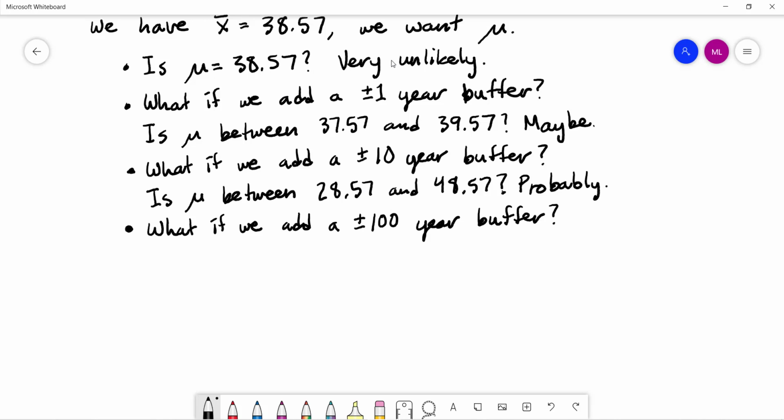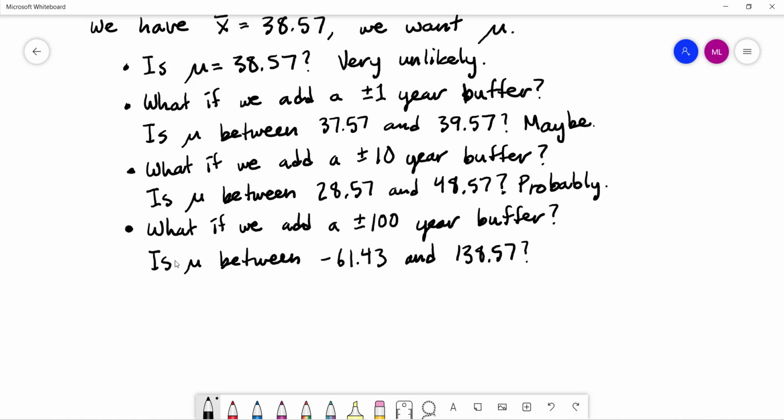So the question is, is mu between... whatever. We can do this on a calculator real fast. Subtract 100 from that. It'll be negative 61.43. And adding 100 is 138.57.